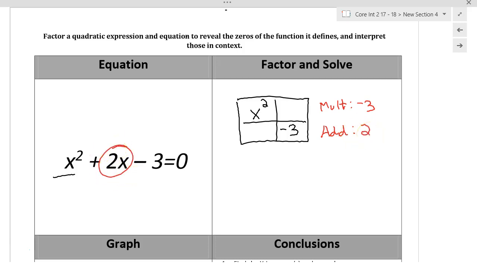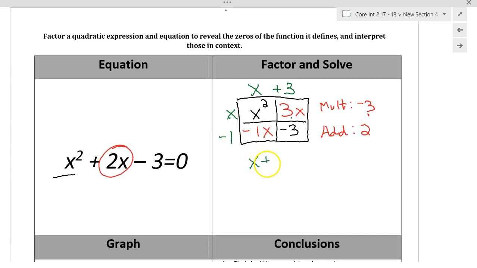Okay. Well, again, what multiplies to negative 3 and adds to 2? Well, the only thing that multiplies to 3 is 1 and 3. If I have a positive 3 and a negative 1, right, 3 plus negative 1 is 2, 3 times negative 1 is negative 3. Alright, filling in the outside, x squared is x times x, times positive 3, x times negative 1.